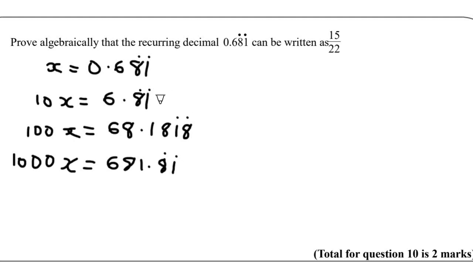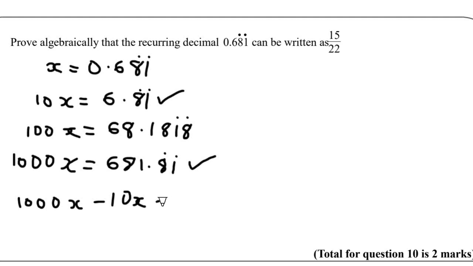So now these two, if we take the difference, that will make the recurring decimals disappear. So what we need to do in this case is 1000x take away 10x.